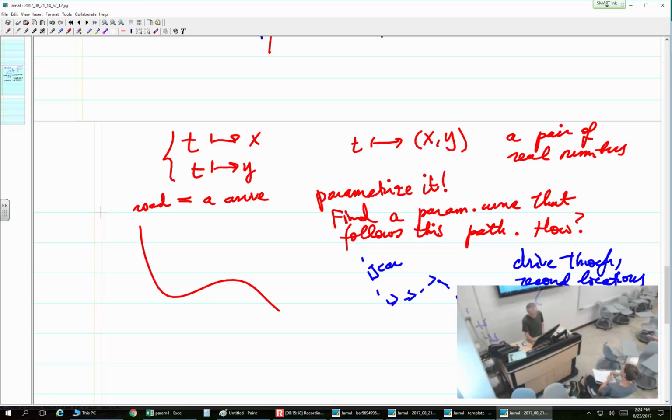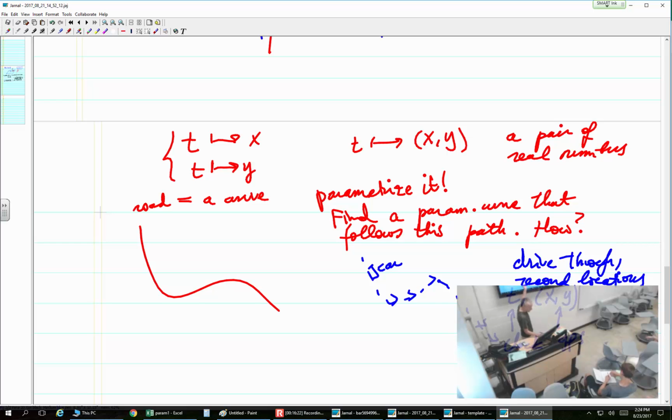And what are the locations? They are x, y. So you're recording when and where. You have a GPS and you have your clock, right? So this will be the clock, and this will be the GPS. And that way, that is a parametric curve. That's why some books call it a parametrized curve.